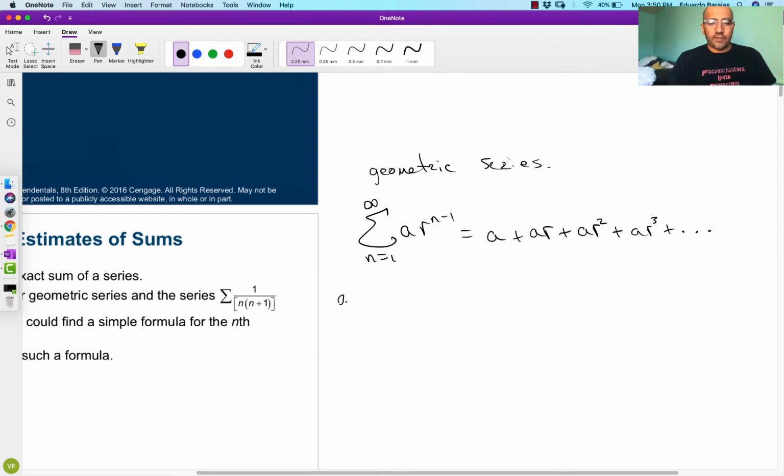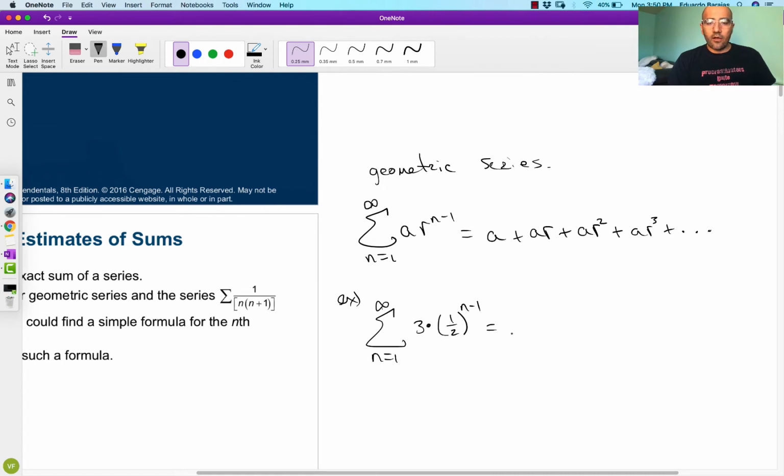It could be, for example, that we want to find the sum as n goes from 1 to infinity of something as simple as 3 times 1/2 to the power of n minus 1.